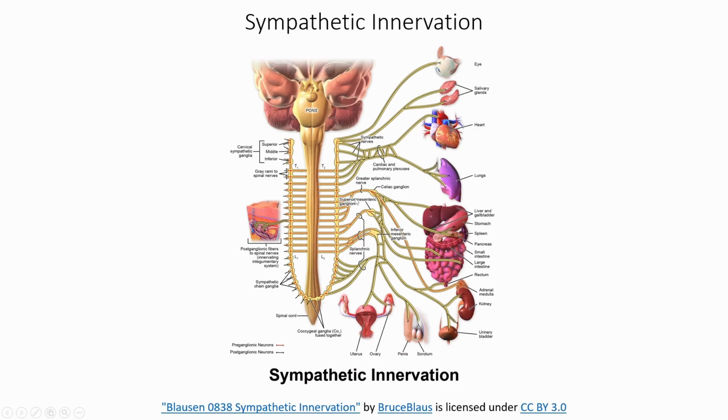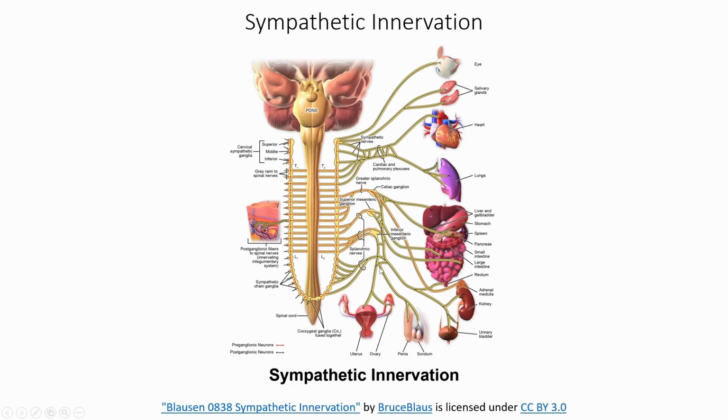We see the collection of splanchnic nerves coming down, the greater splanchnic nerve at the top there, and then a few splanchnic nerves coming down below it. We see these split, so we have the celiac ganglion, which is going to talk to the organs at the top of the abdominal cavity. Then we have the superior mesenteric ganglion, talking to the intestines and whatnot.